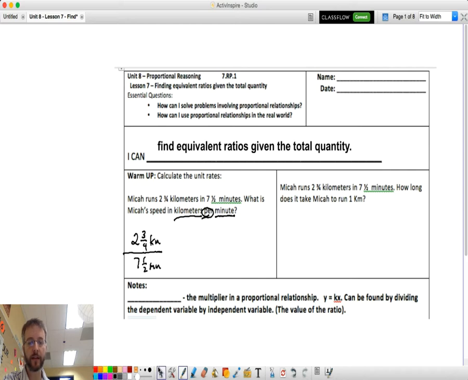So I know that to turn this into a unit rate, I'm going to have to divide, so I get a 1 on the bottom. So we'll divide by 7.5 on the bottom, which will give me 1 minute. Up here, I need to do 2 3/4 divided by 7.5, which means I'm going to turn these into improper fractions. So I'm going to get 11/4.